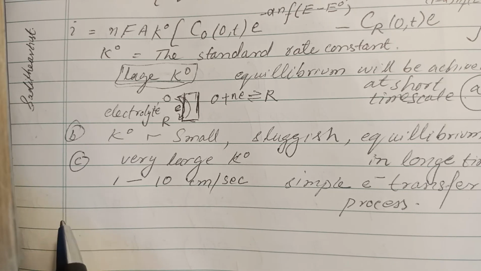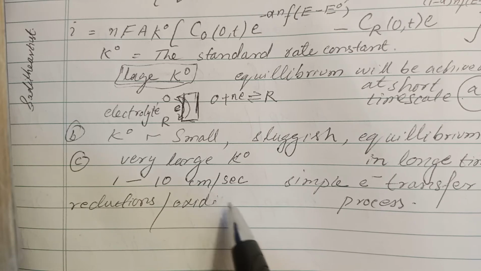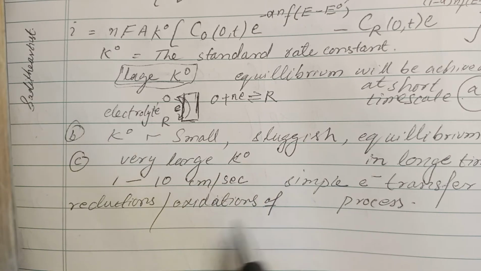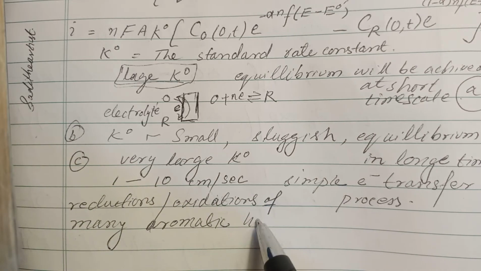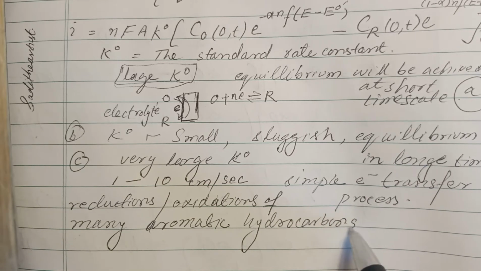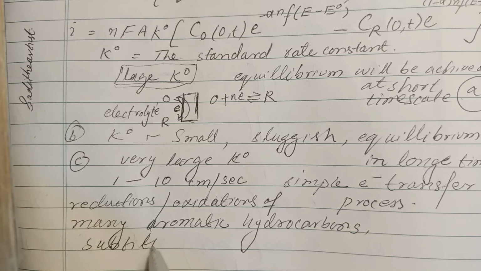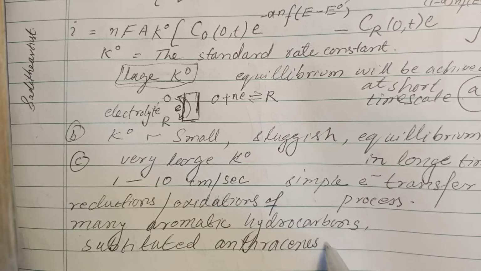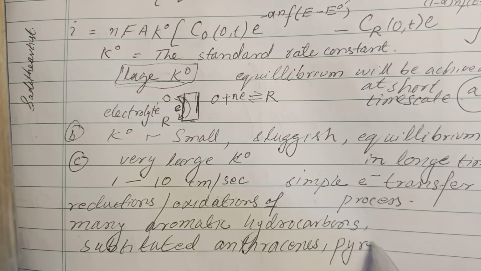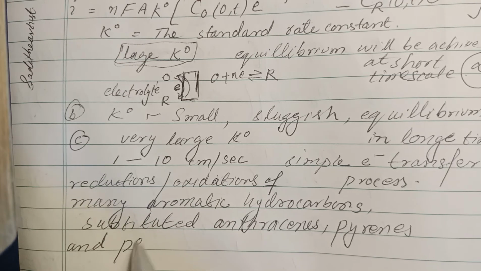The example of this kind of fast electron transfer is the reduction or oxidation of many aromatic hydrocarbons such as substituted anthracenes, pyrenes, and perylenes.